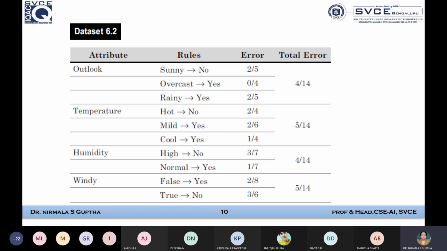Some of the branches are completely error free. When we see Outlook overcast, the 4 instances are all yes, there is no no. That is why we got the value for the second row under Outlook: overcast gives yes as the rule, and the error is 0.